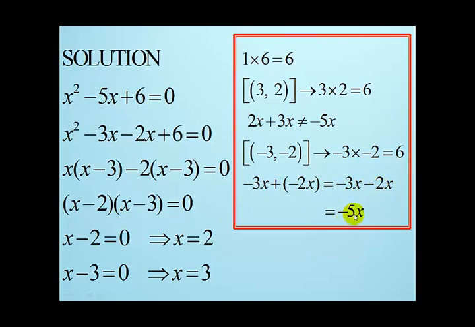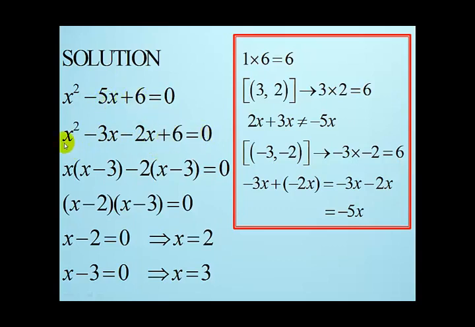So because when we multiply we are getting the 6, and when we add we are also getting the minus 5x, it means that we are going to use minus 3 and minus 2, and therefore x squared minus 5x plus 6 equals 0 can be expressed as x squared. In place of minus 5x we write minus 3x minus 2x, because minus 3x minus 2x is equal to minus 5x. So plus our constant c is equal to 0.